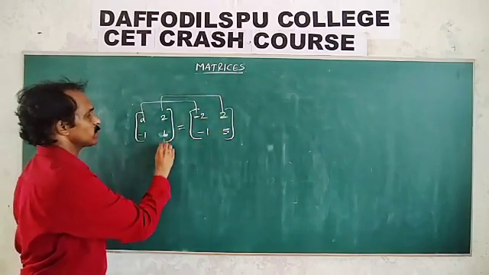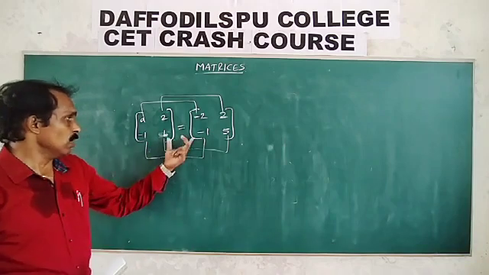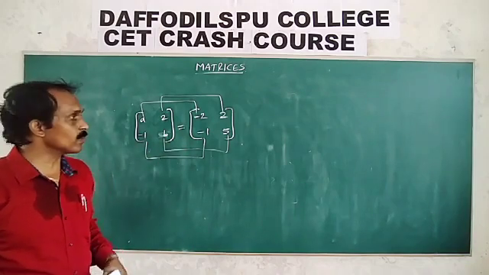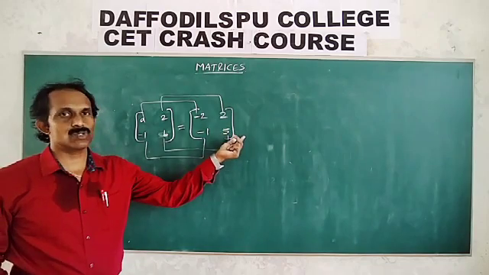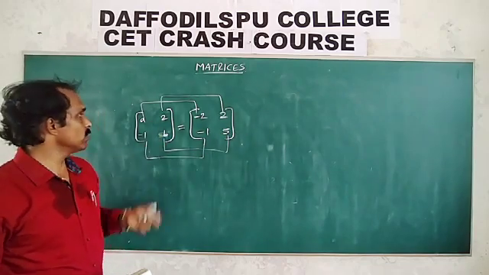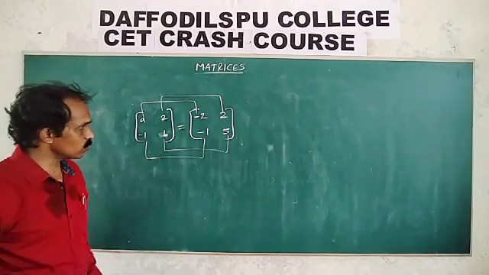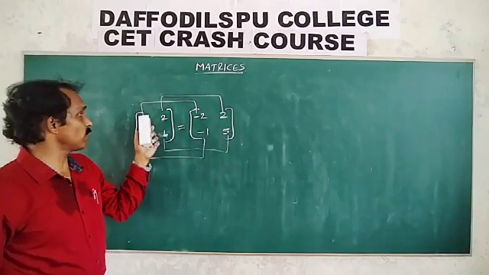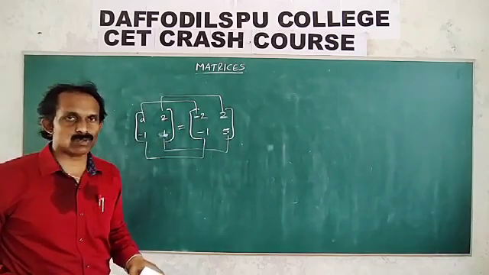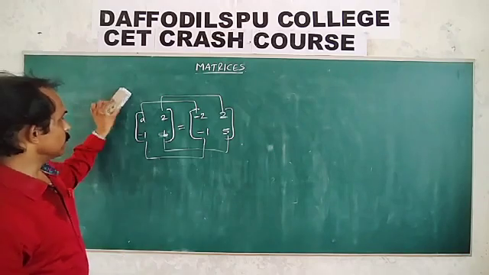These are the two conditions. Order should be the same, meaning this is 2 by 2 and this is 2 by 2, and corresponding elements should be equal. From this we can find the values of A and B: the corresponding element of B is 5 and of A is minus 2. Like that we find the values when two matrices are equal.